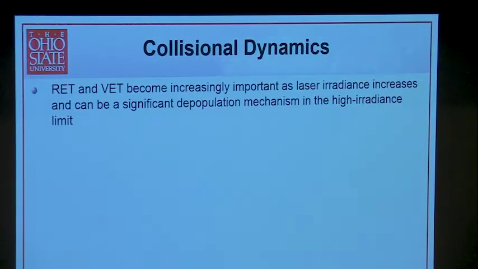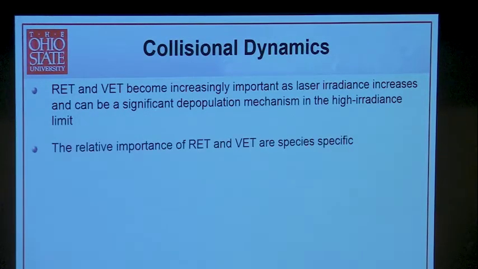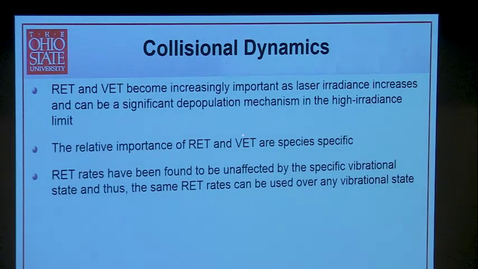Now, RET and VET, we've talked about a little bit, become important as the laser energy or radiance gets really high. So if we have a higher radiance limit, these become significant. Their relative importance is species specific, the same as quenching. It depends on which species you're looking at, whether OH or NO, whatever system you're looking at for the fluorescence process; RET and VET are different.